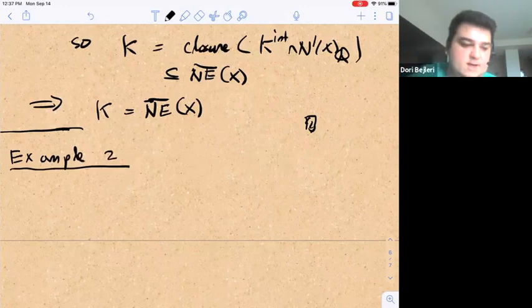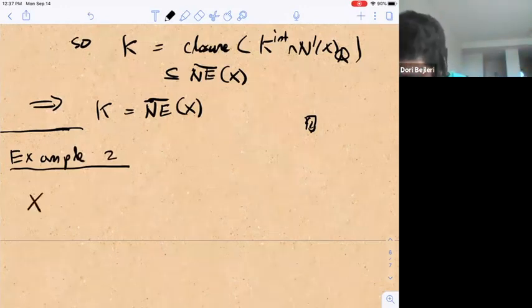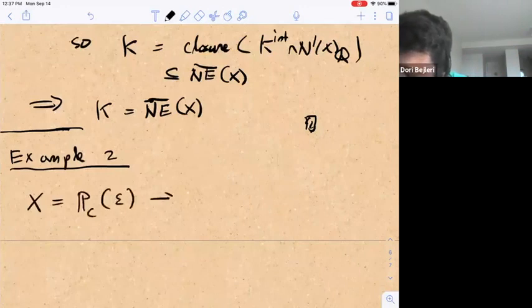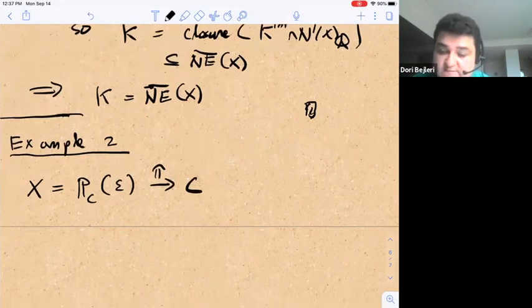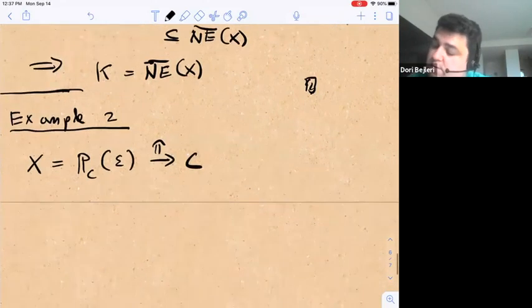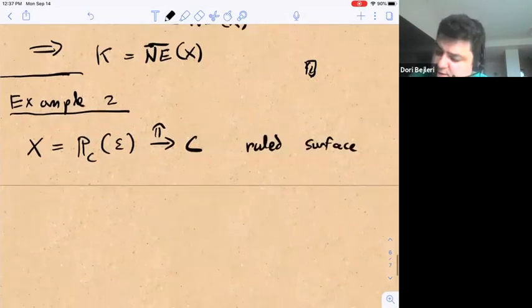And for this, we're going to look at some ruled surfaces. So let's say that X is the total space of some rank 2 vector bundle E, or is the projectivization of some rank 2 vector bundle E. And let's assume that E has even degree.